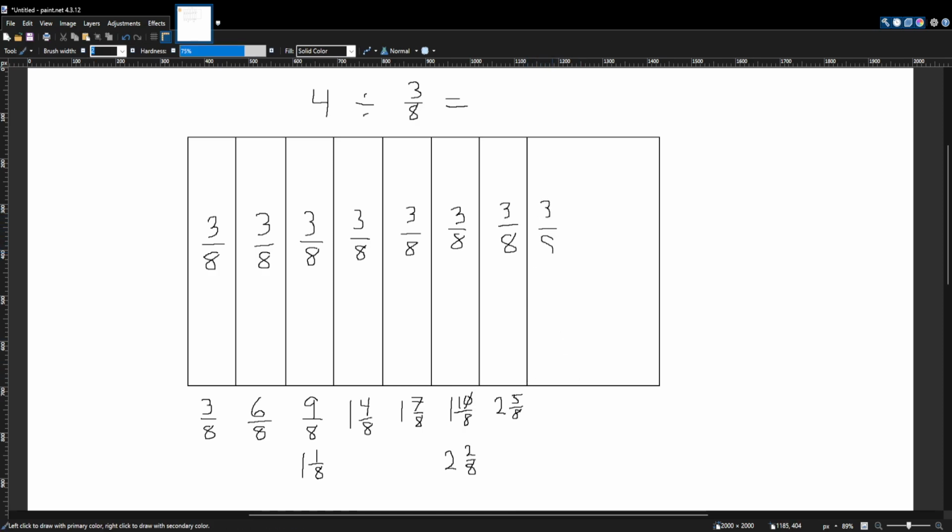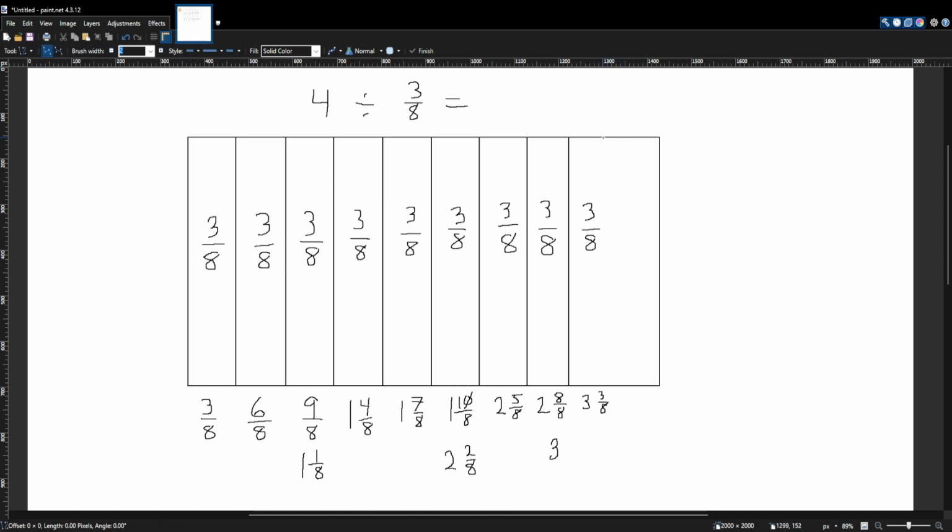Another 3/8 is going to give me 2 and 8/8. Well, we know that 8/8 is one whole, so we actually just have 3. If I put in another 3/8 here, what will I have? I will have 3 and 3/8.